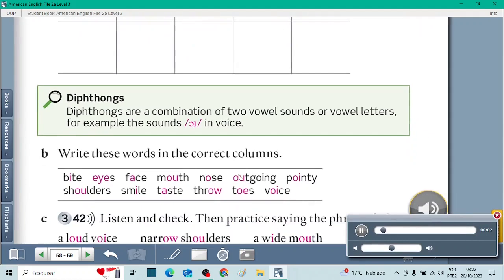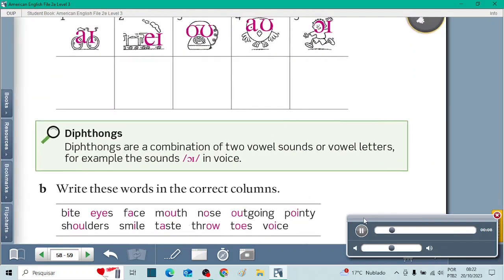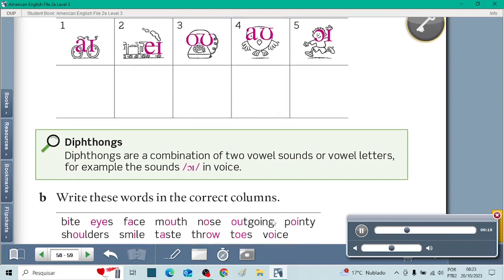3.42. 1. Bike. I. Bite. Eyes. Smile. 2. Train. A. Face. Taste. 3. Phone. O. Nose.